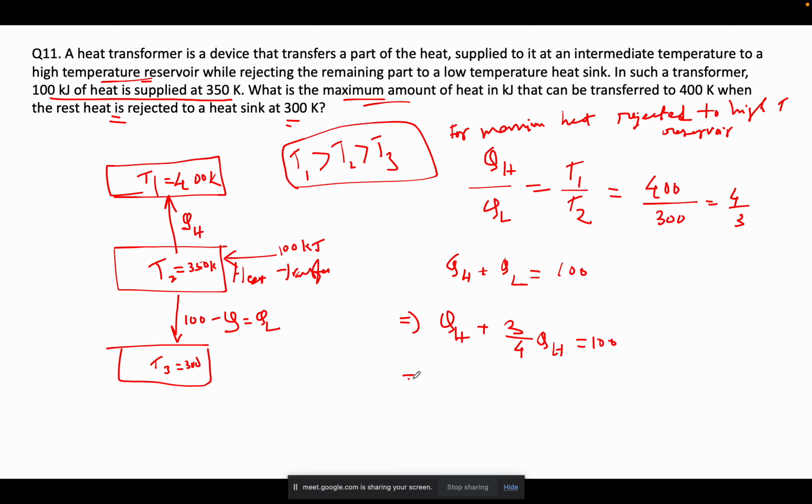So this will be your 7 by 4 times QH is equal to 100. And from here, 400 divided by 7, so you will get basically QH is equal to 57.14 kilojoule.